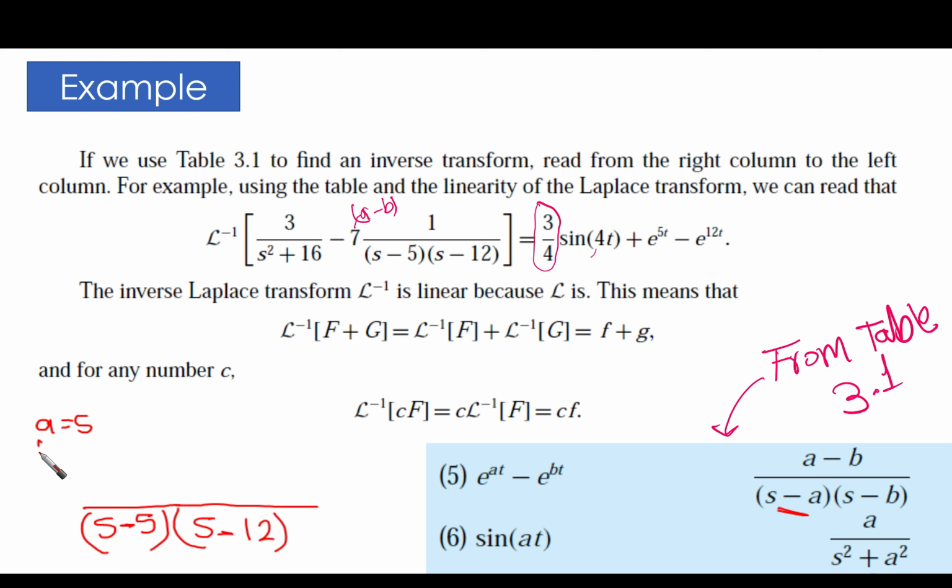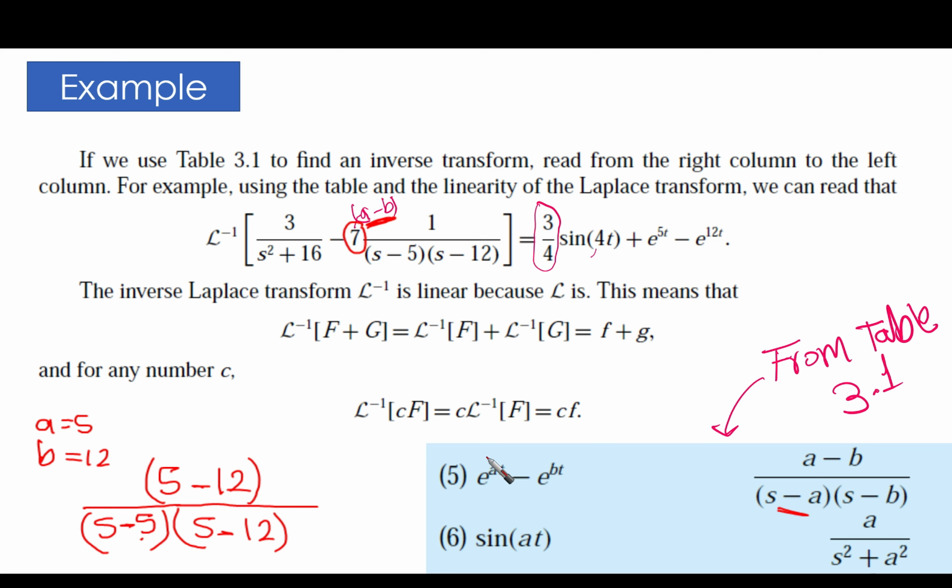This means that we have b equal to 12, and in the numerator we have a minus b. So we have a, which is 5, minus b, which is 12, right? 5 minus 12 is minus 7, right? I think that it's similar to this. This is 7 here, which is a minus b. And we are going to have 1 over s minus 5 times s minus 12.